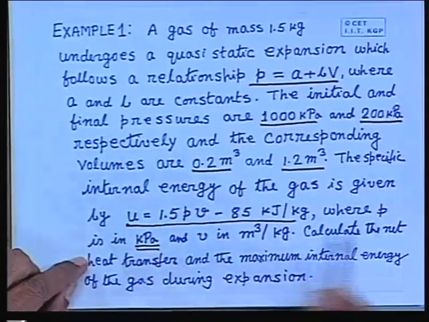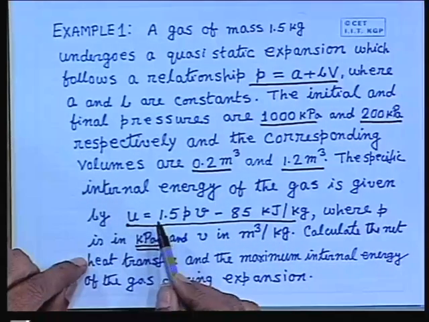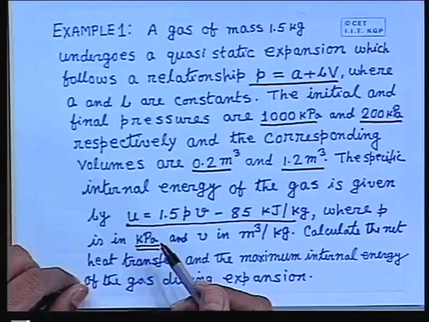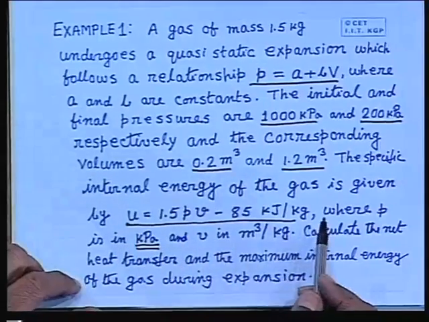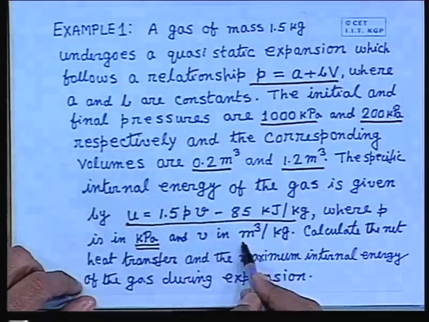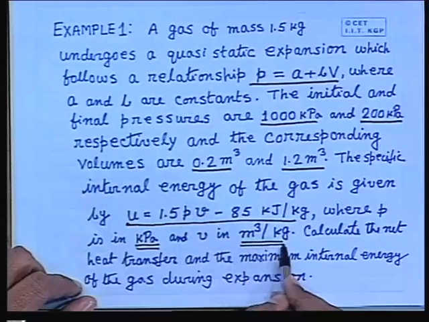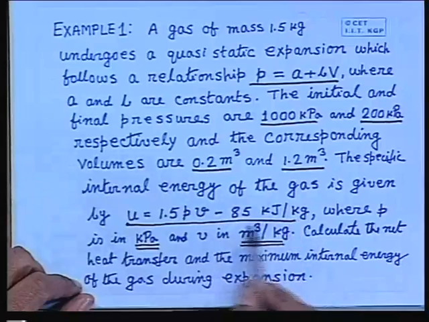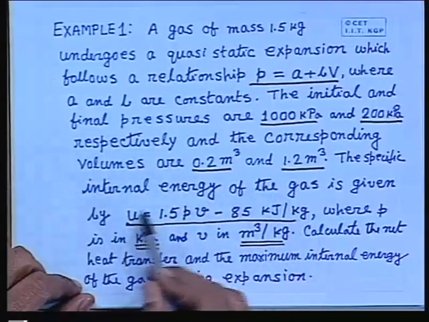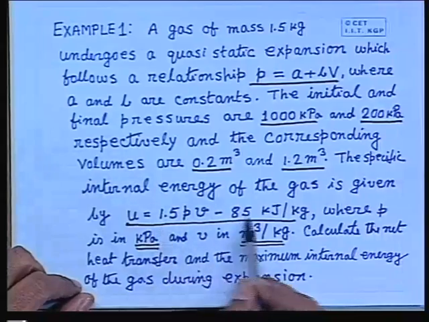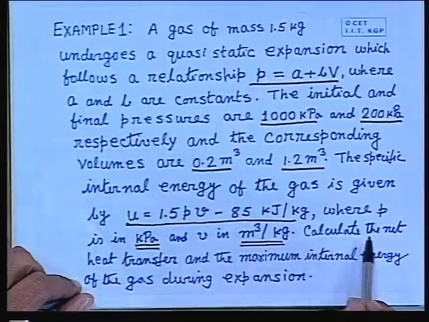Very important. If you make a mistake utilizing this equation, you will lose marks in the examination. Concept remains the same, but to get the correct answer, you have to be very careful. These constants, the numerical values, are adjusted like that.